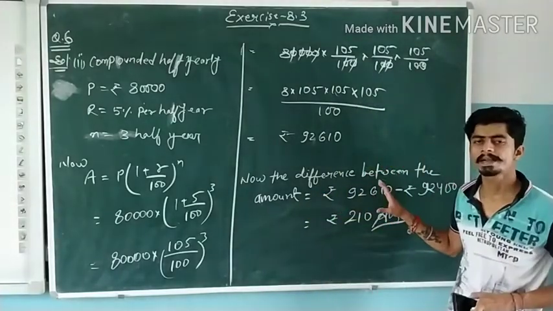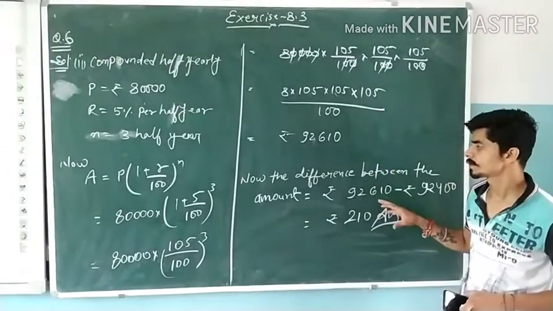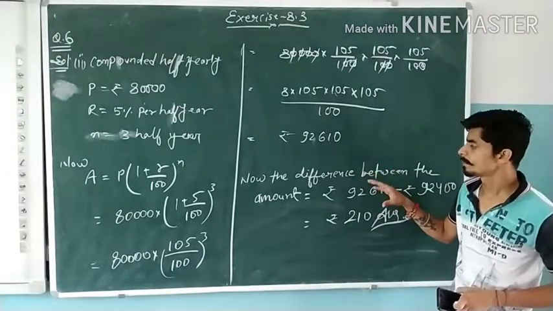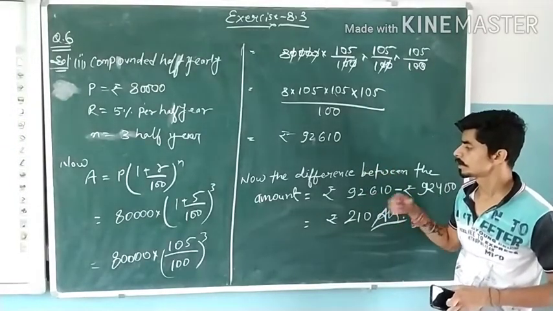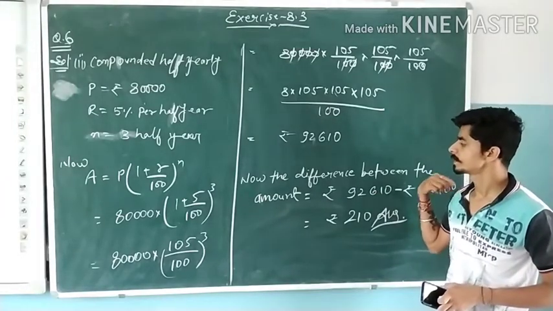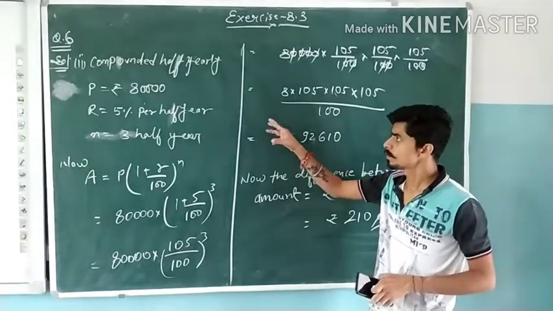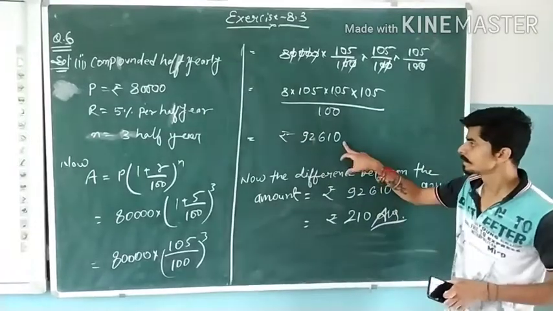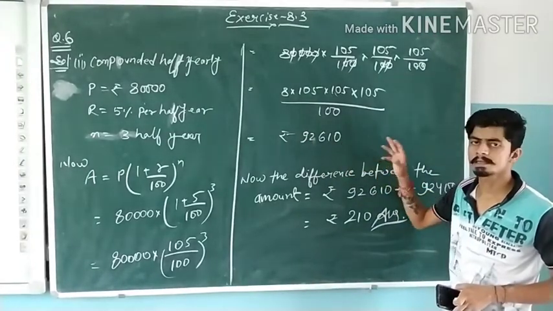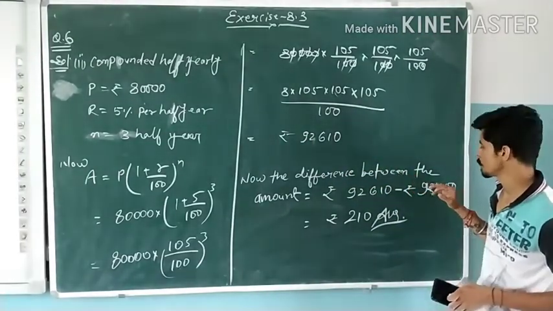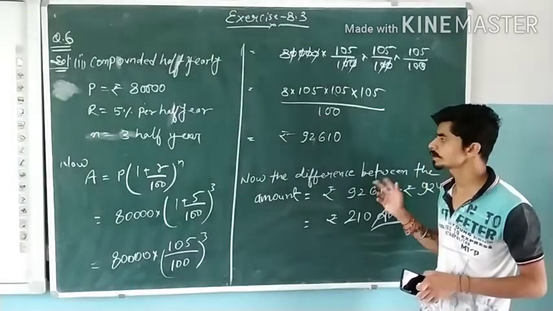So we have found the amounts and now we have to find the difference. Compounded half yearly we get 92,610 and compounded annually we get 92,400. So what is the difference?